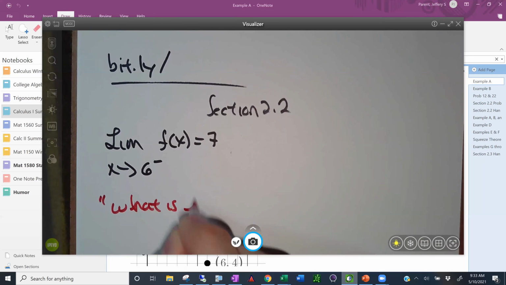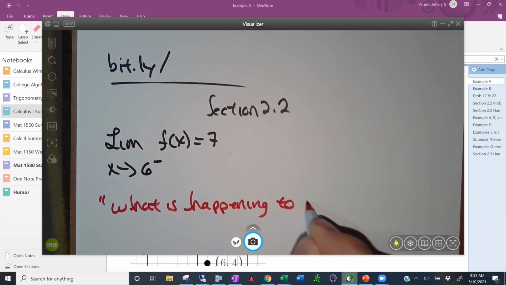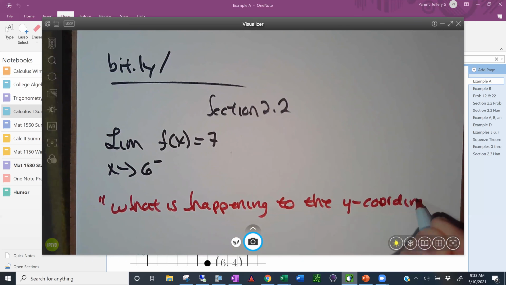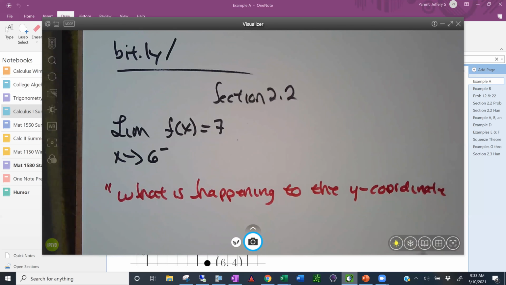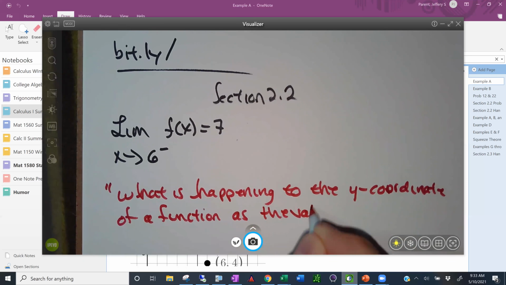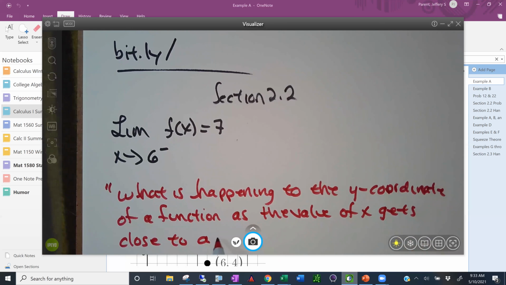So what is happening to the y coordinate of a function as the value of x gets close to a particular number?